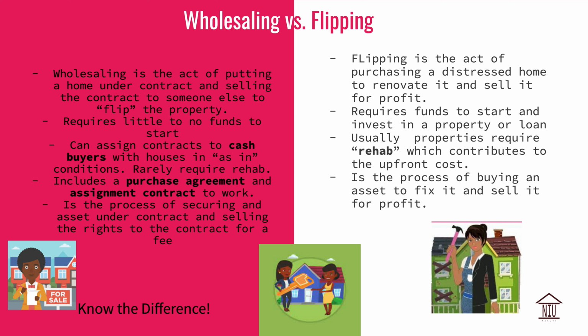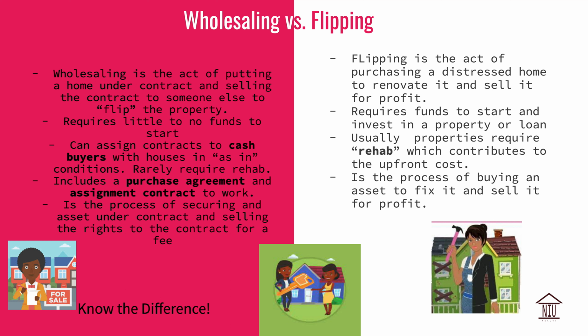While flipping is the act of purchasing a distressed home to renovate it and sell it for profit. It requires your own funds to start. You'll need to invest in a property and possibly even get a loan. Usually properties require rehabs, which contributes to the upfront cost.